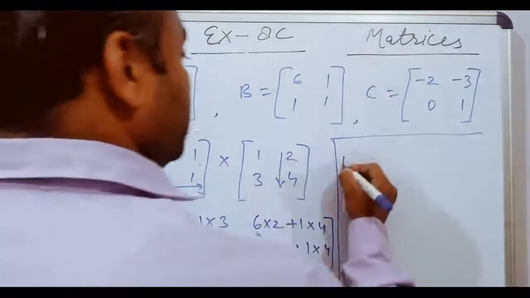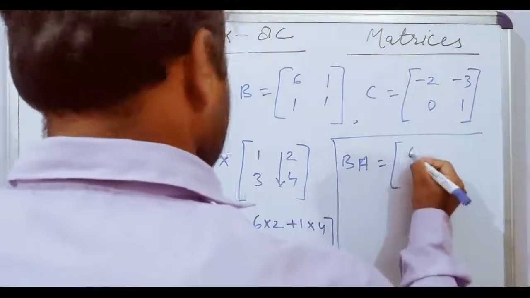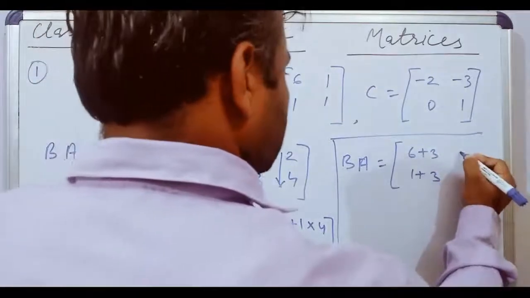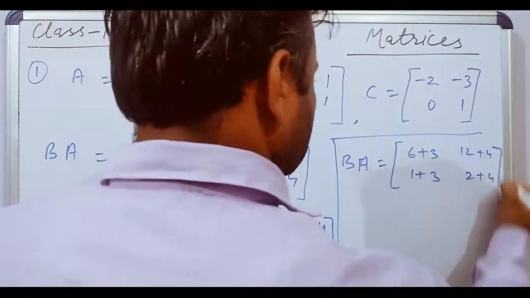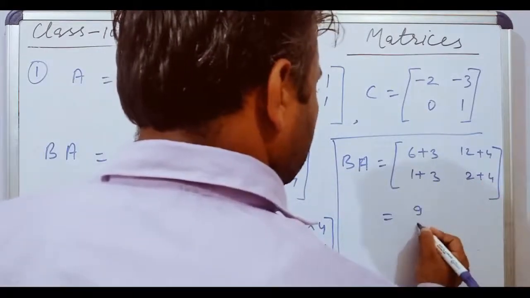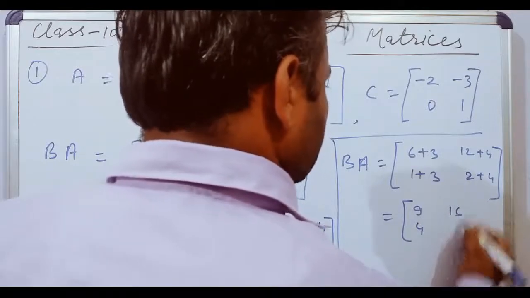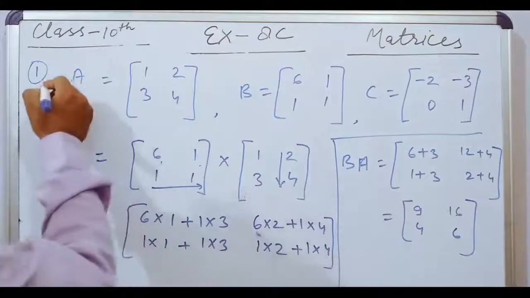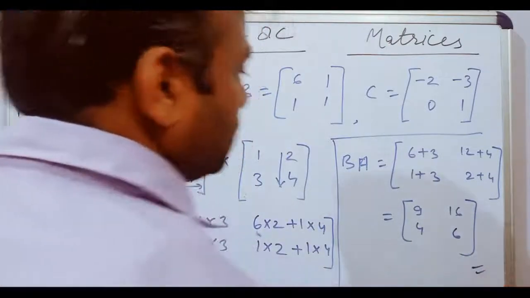Now BA equals 6 plus 3, 12 plus 4, 1 plus 3, 2 plus 4. It is [9 16; 4 6]. This is the first part completed.